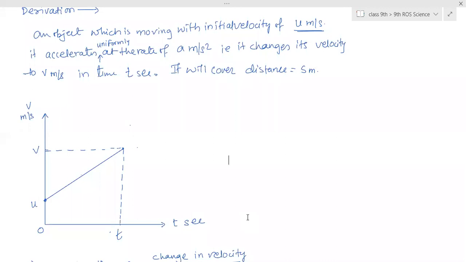You have to explain what that graph is about, which graph you have drawn, what the motion is. That is, u is the initial velocity, u meter per second. The object is moving with the initial velocity of u meter per second. After time t, the speed changes to v meter per second. That means it accelerates with the acceleration of a meter per second square, and the distance covered in this time duration is s meters.